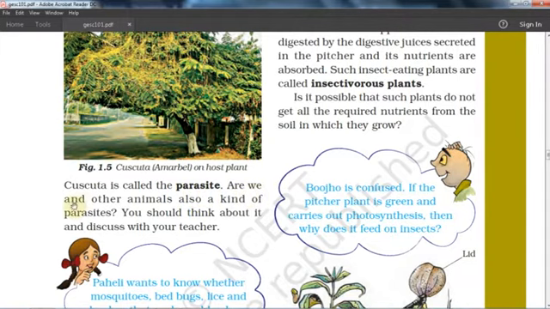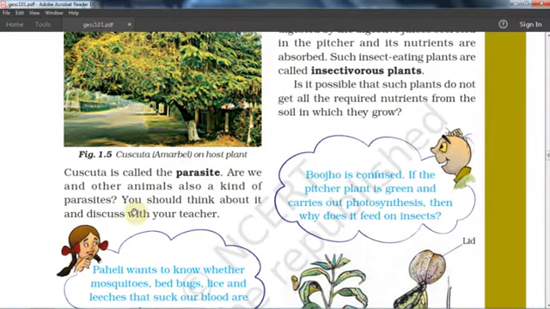So are we and other animals also a kind of parasite? No. Why? Because we are holozoic. Parasites are attached to the plant, and they derive their nutrition from there, and they stay attached all the time to the host plant, while we are not always attached to a plant.